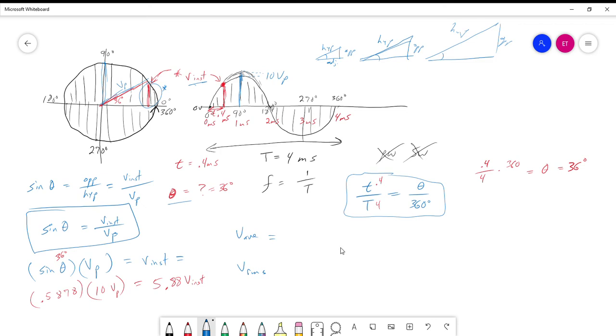Overall, if we aren't going to add offset to a sine wave, I think you can probably see, I'll draw it over here, that if half the time it's up there and half the time it's down here, the full cycle average is 0 for a sine wave with no offset. So full cycle is 0.